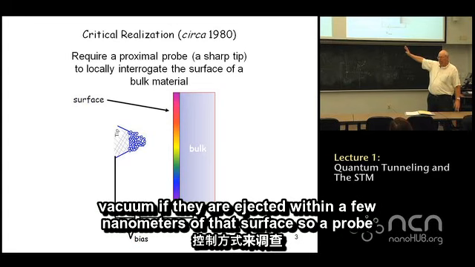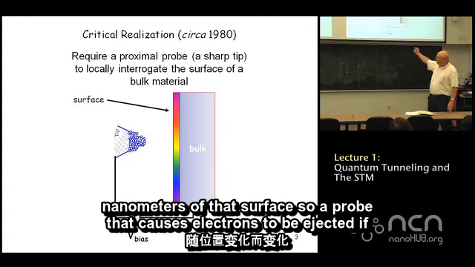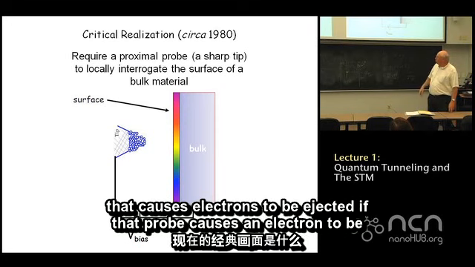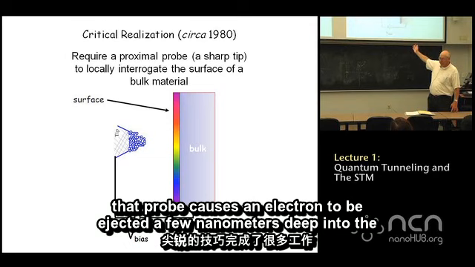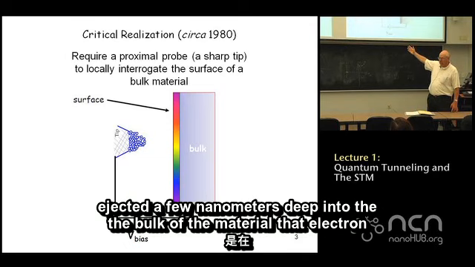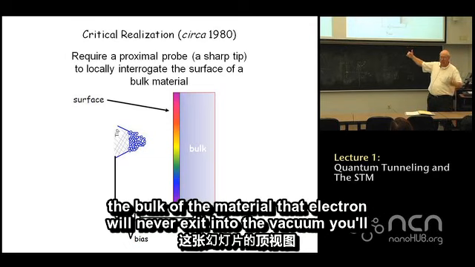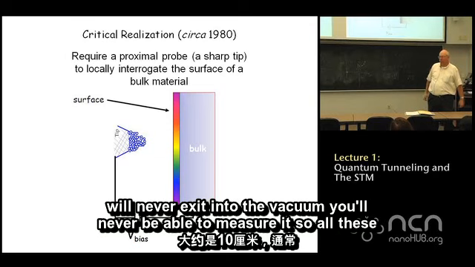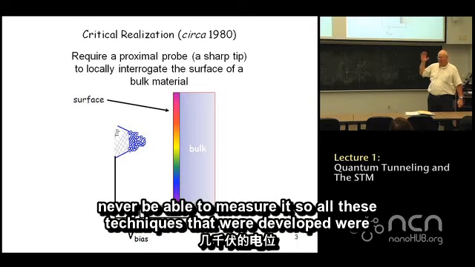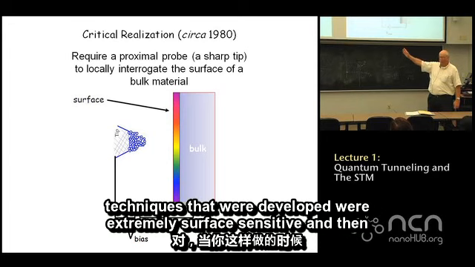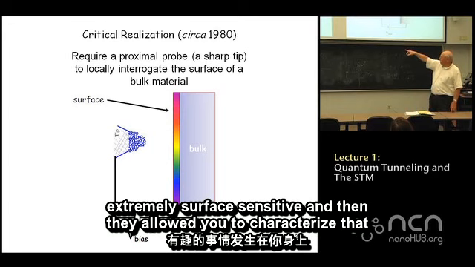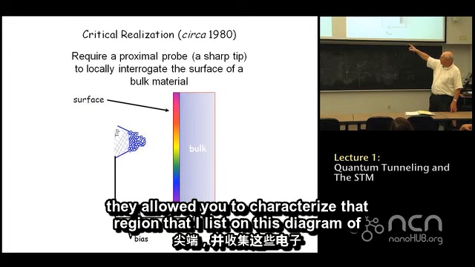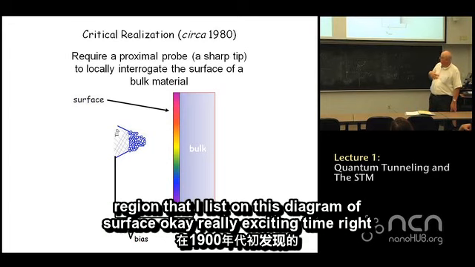So if a probe causes an electron to be ejected a few nanometers deep into the bulk of the material, that electron will never exit into the vacuum. You'll never be able to measure it. So all these techniques that were developed were extremely surface sensitive, right? And they allowed you to characterize that region that I list on this diagram as surface.